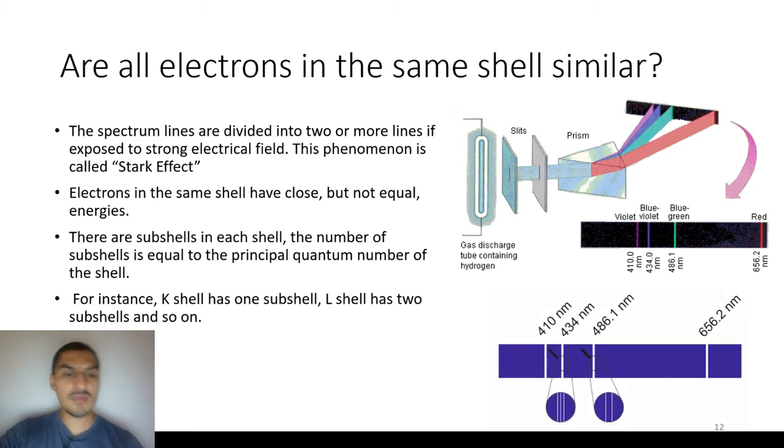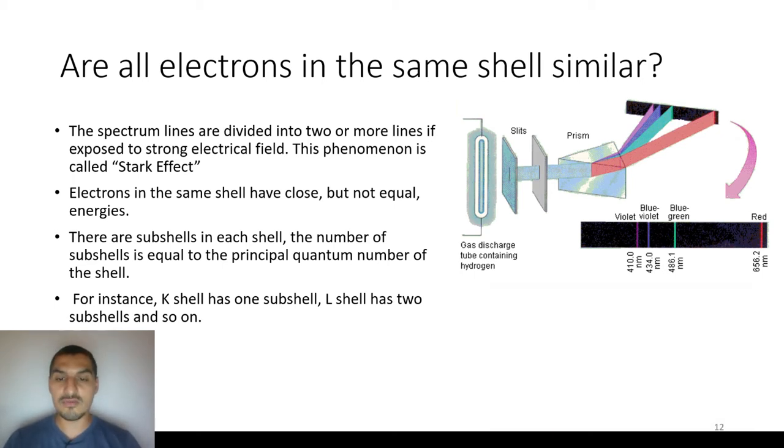Here we found that the number of subshells in the energy level equals the principal quantum number. So n equals 1 has 1 subshell, n equals 2 has 2 subshells, n equals 3 has 3 subshells, and n equals 4 has 4 subshells. For the next levels, 5, 6, and 7, they all have 4. So the maximum number of subshells is 4.